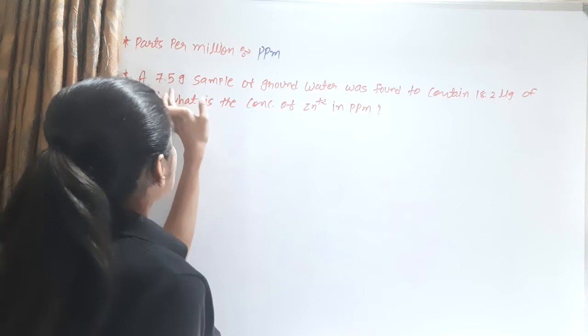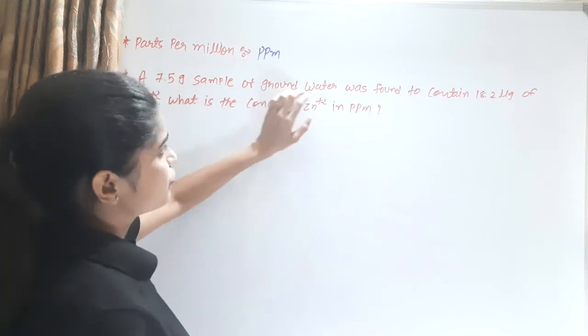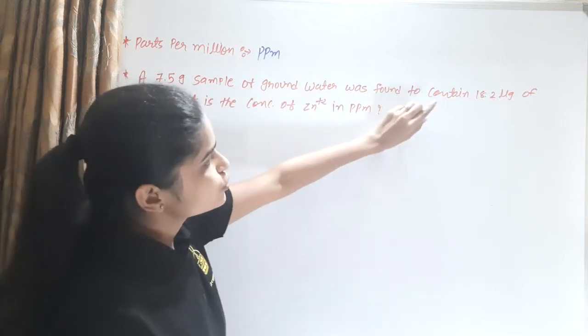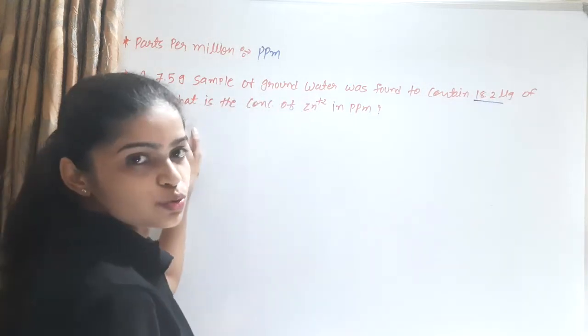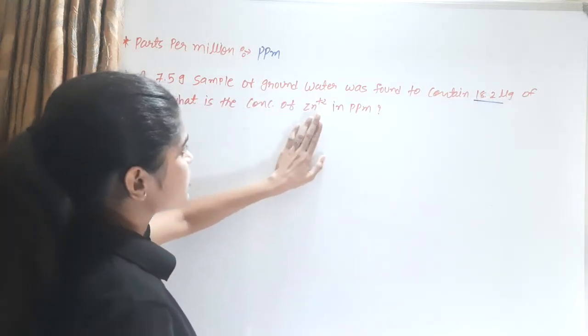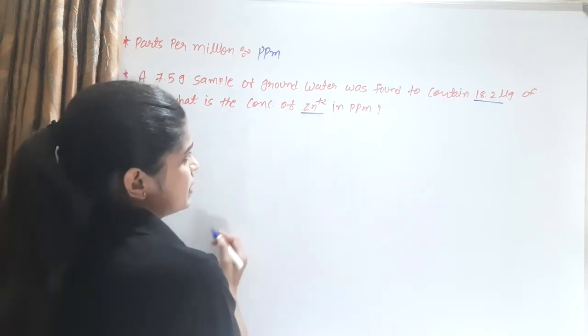Example: a 7.5 gram sample of groundwater was found to contain 18.2 microgram of Zn plus 2. What is the concentration of Zn plus 2 in ppm?